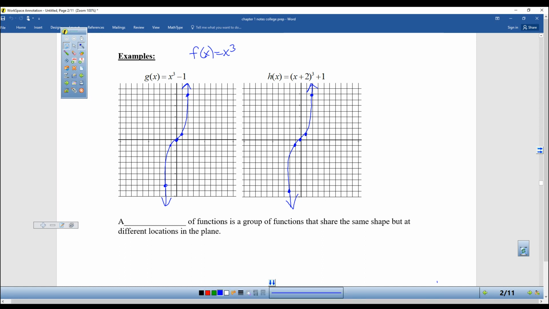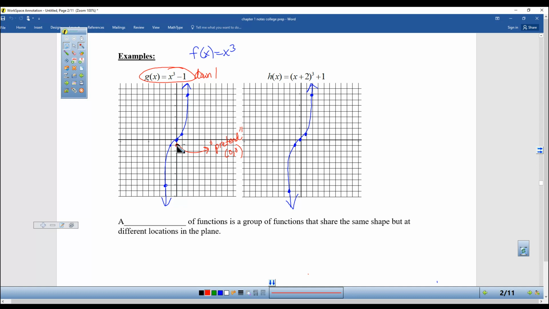So I'm going to switch my color here to red, and I'm going to graph this. Because the 1 is on the outside, that's actually going to move it down 1. So I'm going to take the center point, my 0, 0, and I'm going to pretend that that is my new 0, 0.